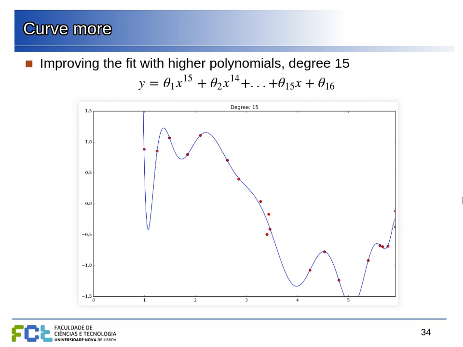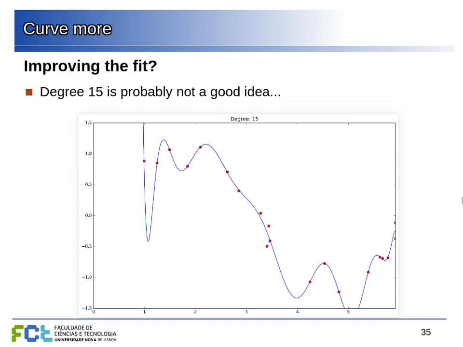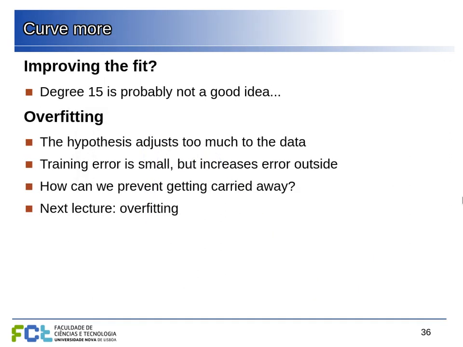Okay? So this is a problem. It seems intuitive that going to degree 15 in this case is not a good idea, and this is what is called overfitting. We have a hypothesis class that is too loose, or our model is too powerful for the data that we have. So we can reduce the error a lot, we can adjust very well to the data, but then things stop making sense and we lose the ability to extrapolate to outside the data.